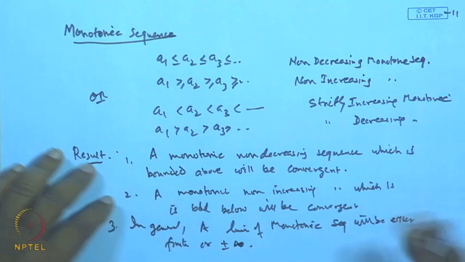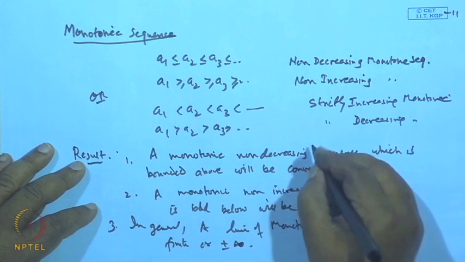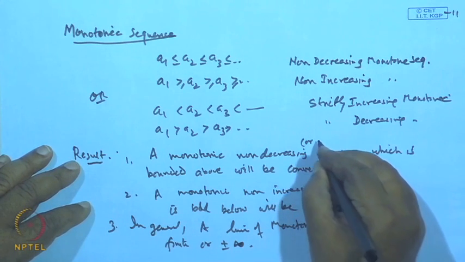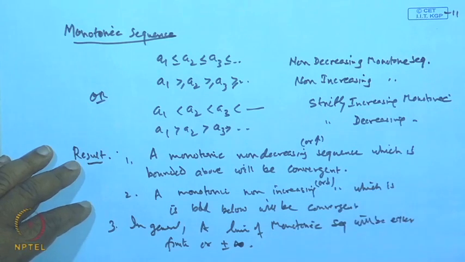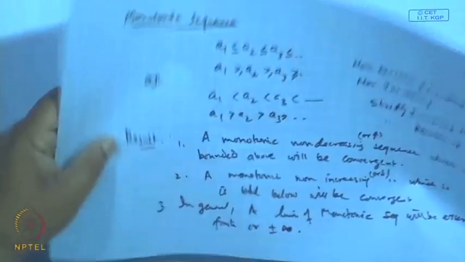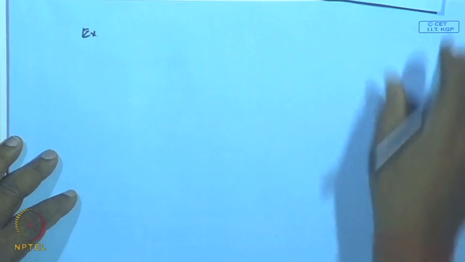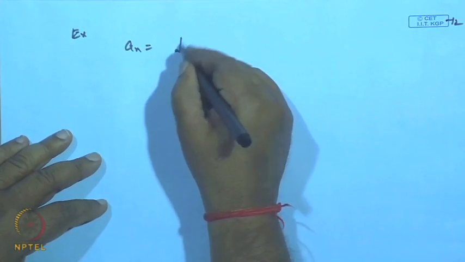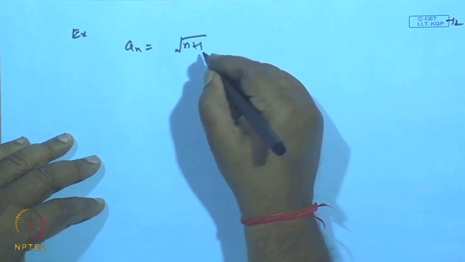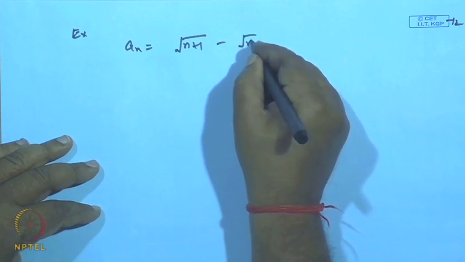So, monotone non-decreasing or strictly increasing or strictly decreasing, that is what this is also. Now, this will be used also to find limits. Suppose, for example, we take the sequence a n as root n plus 1 minus root n, and I ask what is the limit of this.